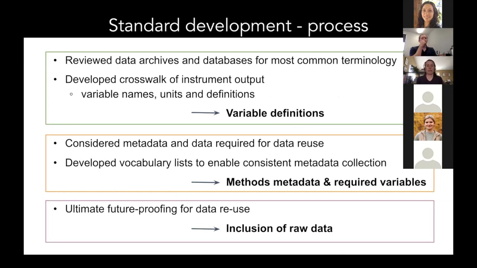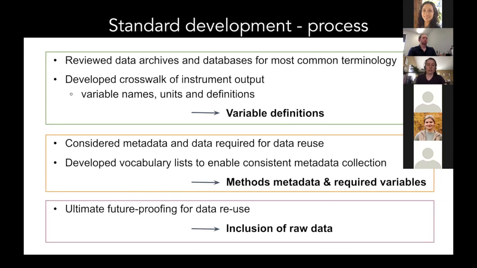So as we started to put together what was already existing out there, this kind of started to define the structure of our standard. So we looked for common terminology, and this included what we found in data archives, databases, and synthesis data sets, and also outputs of instruments.